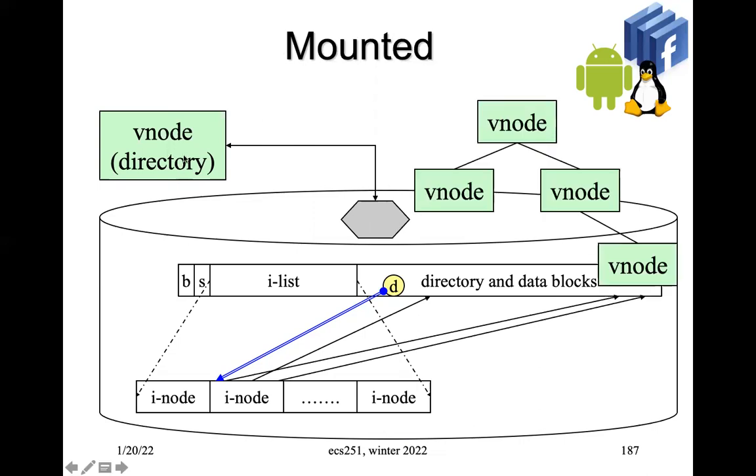After you link the whole file system into the vnode directory, when you open a particular file, you have all the vnodes being opened over there, and they are linked according to the previous slide.